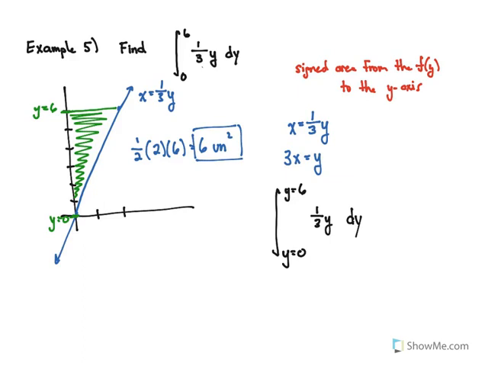Just noting that when we do it in terms of y, we are talking about a different kind of area. Going back to the last section, we can think about this with rectangles.